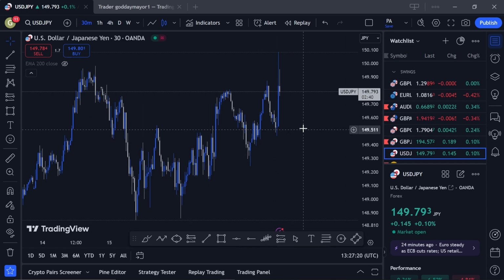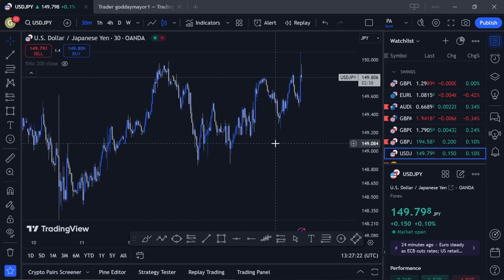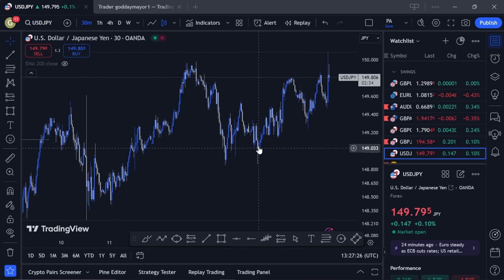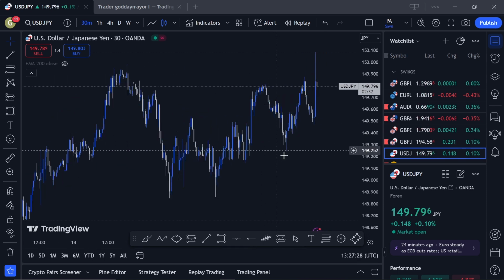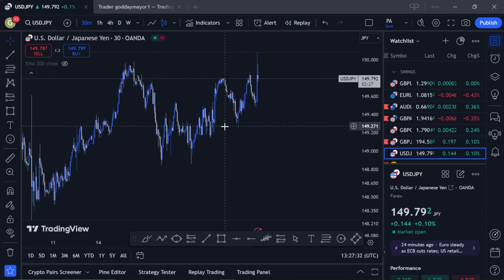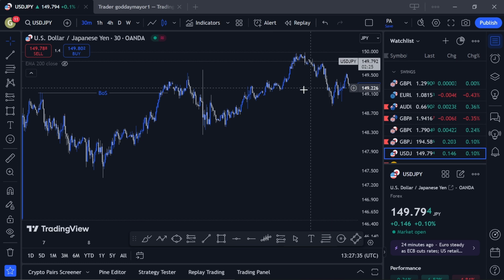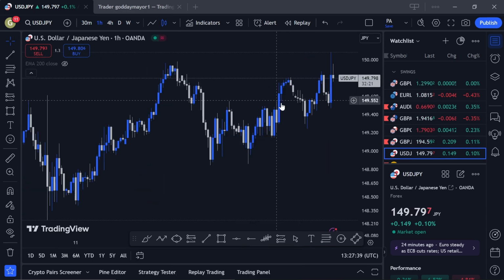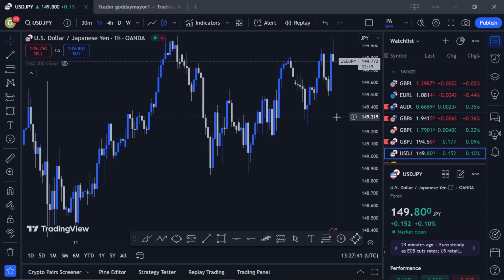So from here right now, the only thing left for me is simply identifying my supply and demand levels. So this demand level has been mitigated. This one here is a key level, so it can be considered. And then just look through, you get your demand levels. Now if you don't get your demand levels, you just keep it. But if you find your demand levels, of course you have to take them.